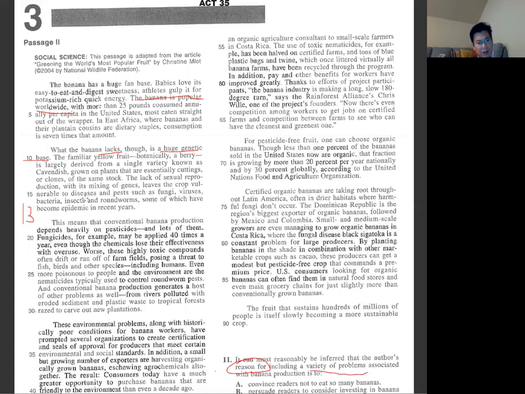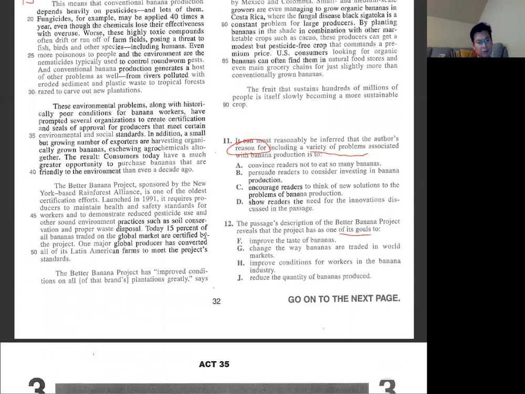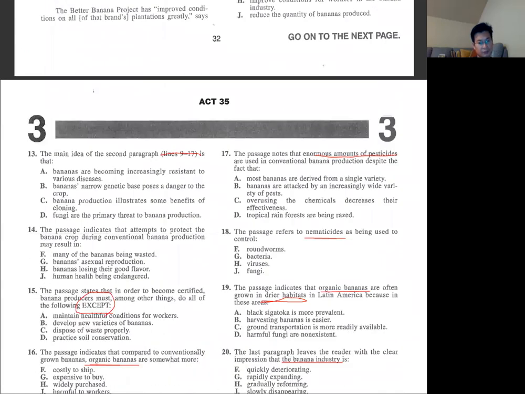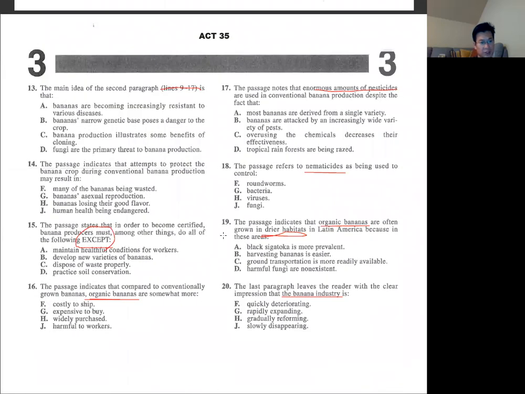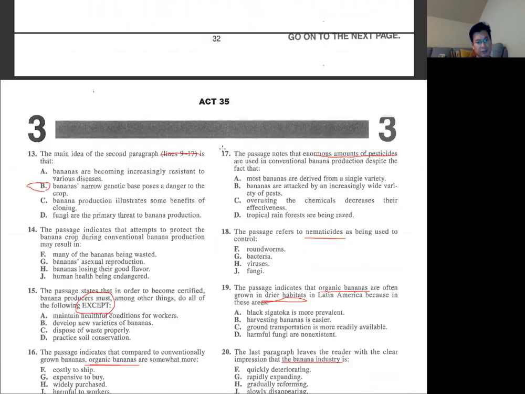So the second paragraph is mostly about this first sentence, lacks the genetic base. So you go to question 13 and try this one. The main idea of this one is it doesn't have a genetic base. So which is B, not the variety of it.